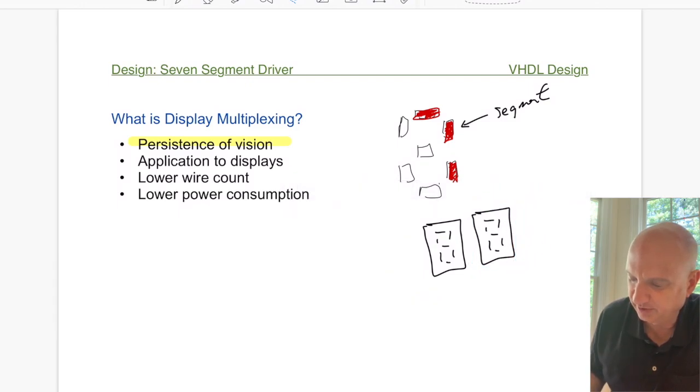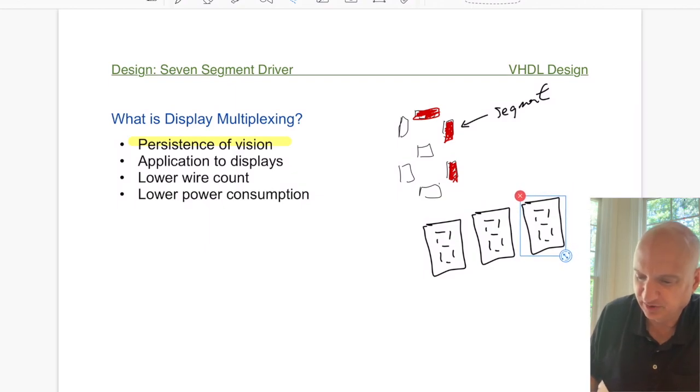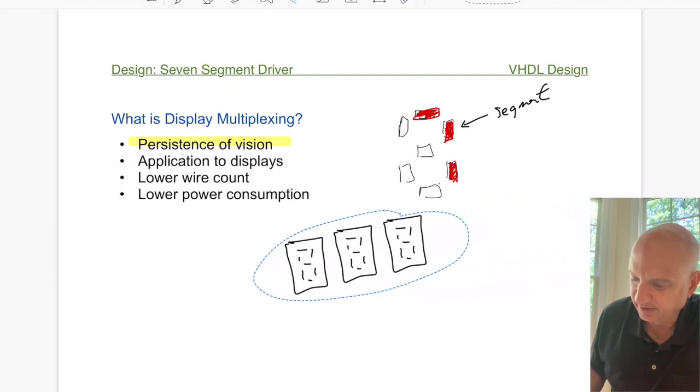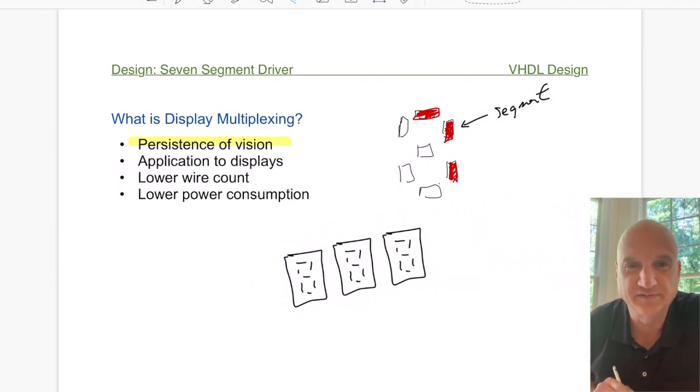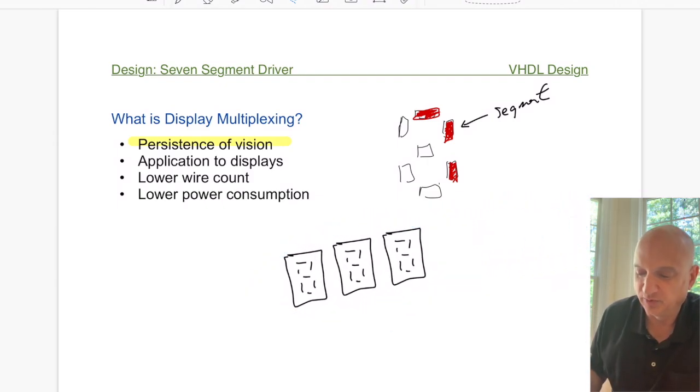We have another one here, and then another one here. And so in effect, we've created a bunch of 7-segment displays that we want to use to display a number like 276. We could display that on our 7-segment display.